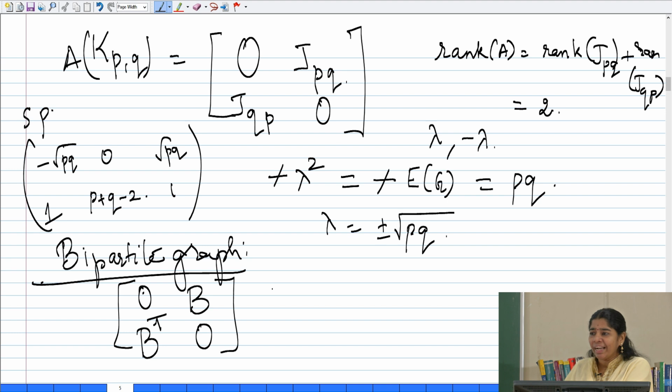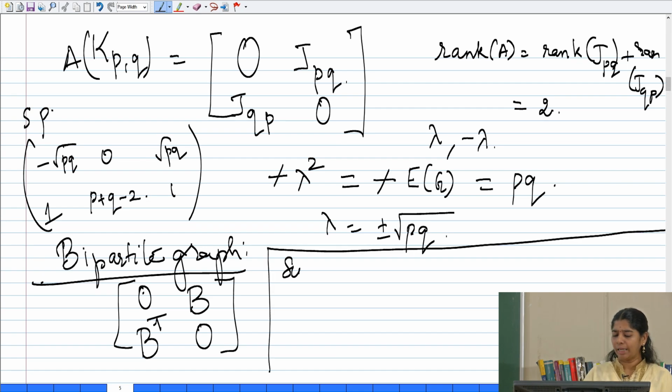So, rank need not be 2 here, but whatever the rank is, it is going to be even, because as we will see now, if lambda is an eigenvalue, then minus lambda will also be an eigenvalue. So, let me go into this proof part.